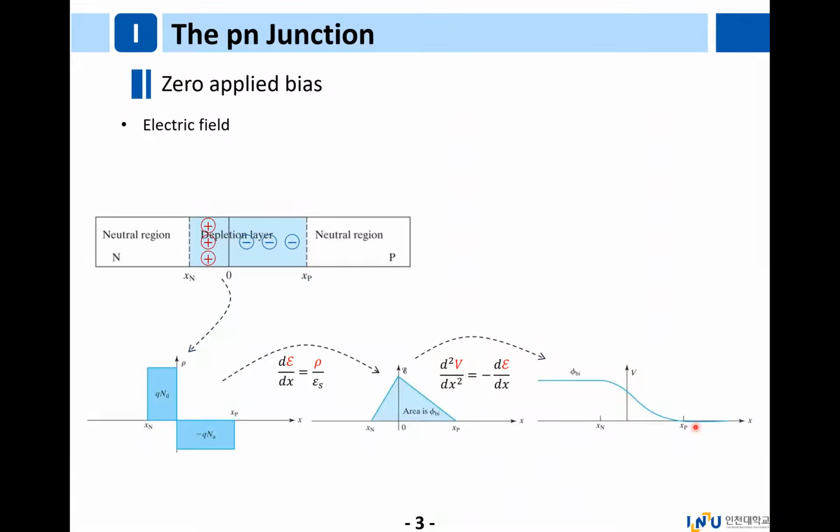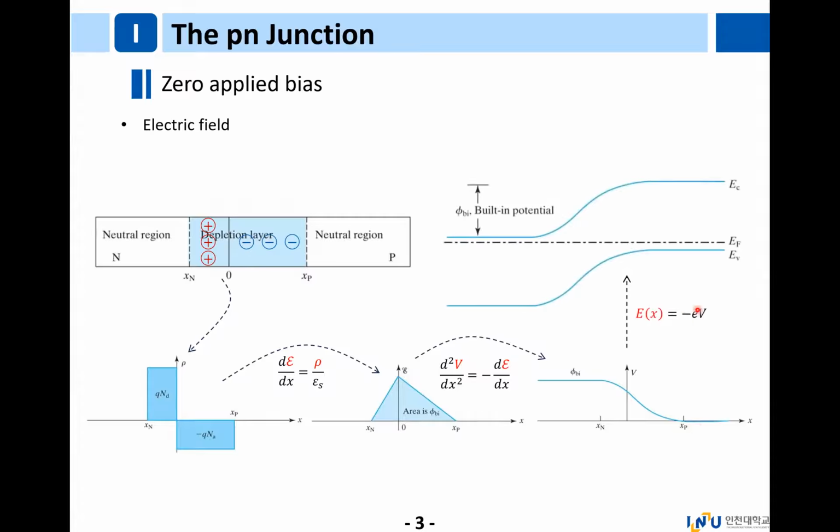And multiplying this potential by minus q gives us the distribution of potential energy with respect to position, allowing us to draw an accurate energy band diagram.